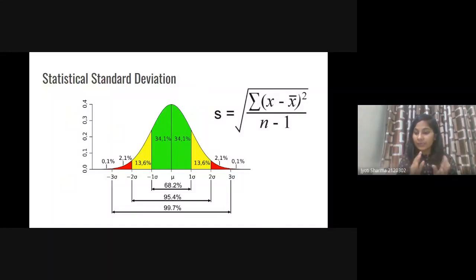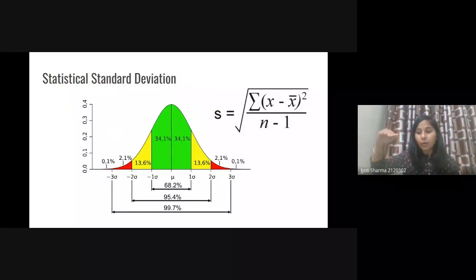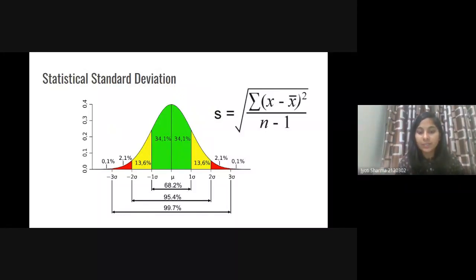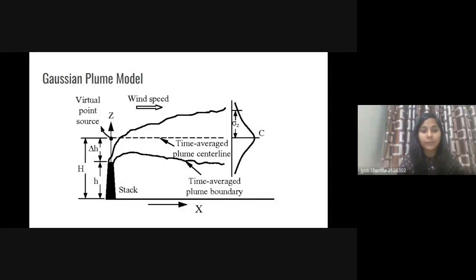So in the plume, at the center line, meaning at some height, we have the maximum concentration, and whenever we go upward or downward, we will have lower concentration. So this is the standard deviation, and we will measure it in meters. This is just for the sake of letting you understand.